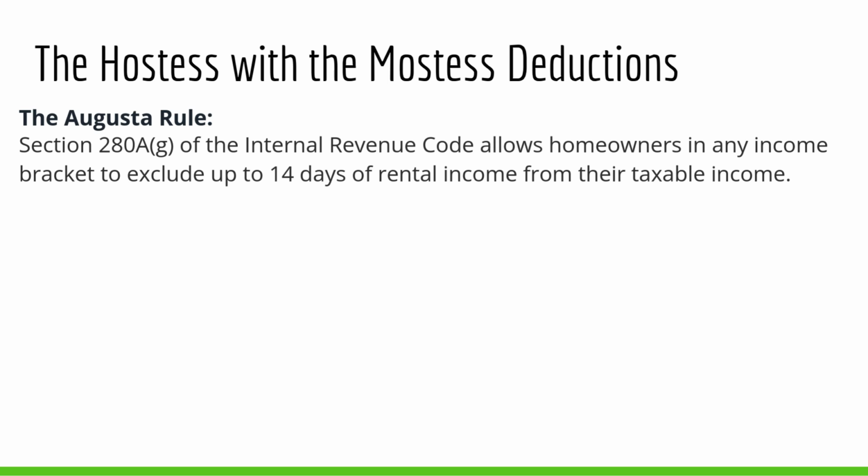So you can bill your business to rent your own home to have a meeting. Client appreciation: I could rent a venue, or if I'm comfortable allowing those people at my home, I could throw a client appreciation at my house, and instead of paying a venue, I can now pay myself. That becomes an expense to the business. The money goes into my pocket, and it can be tax-free up to 14 days.